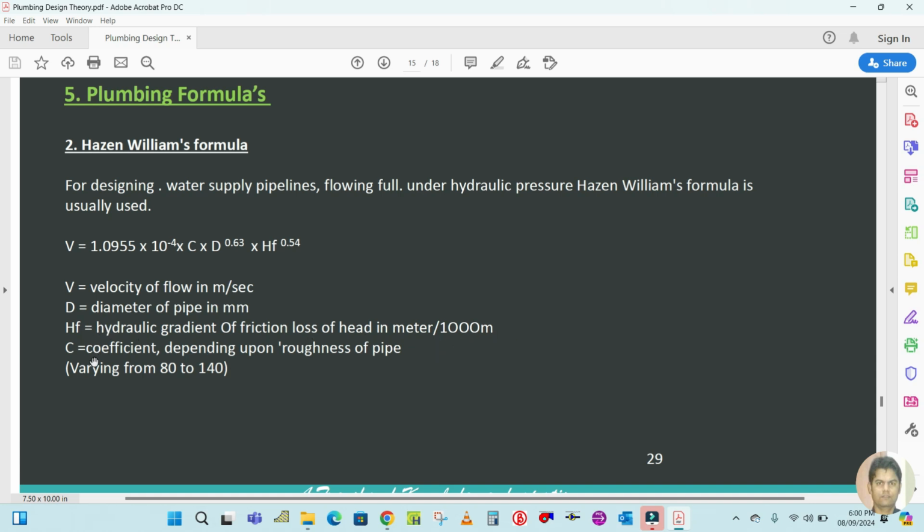It is called hf. C is the coefficient depending upon the roughness of the pipe, which varies from 80 to 140.